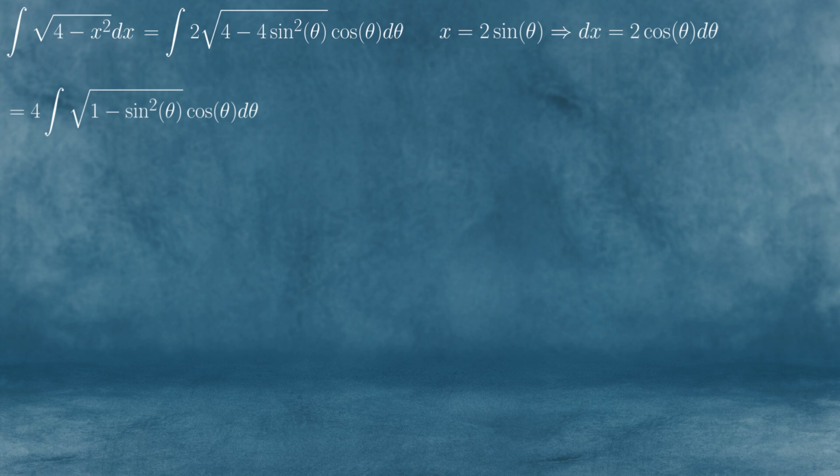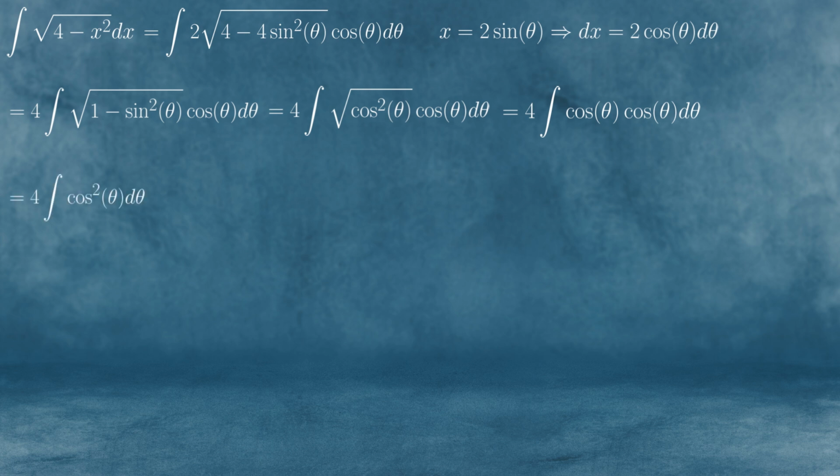Now, we know that 1 minus sine square of theta is equal to cosine square of theta. And as it's inside a square root, we end up having 4 times the integral of cosine of theta times cosine of theta d theta, which is 4 times the integral of cosine square of theta d theta. Now, cosine square of theta can be written as 1 plus cosine of 2 theta divided by 2.